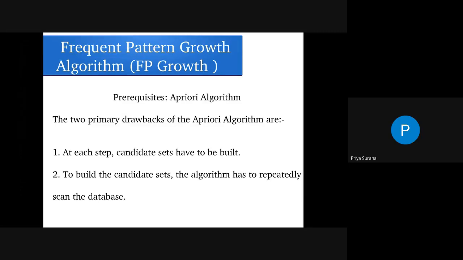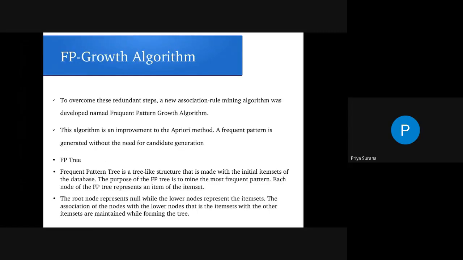To overcome these redundant steps, a new association rule mining algorithm was developed, named the frequent pattern growth algorithm. It overcomes the disadvantages of Apriori algorithm by storing all transactions in a trie data structure. So how the FP growth algorithm works, we will check.